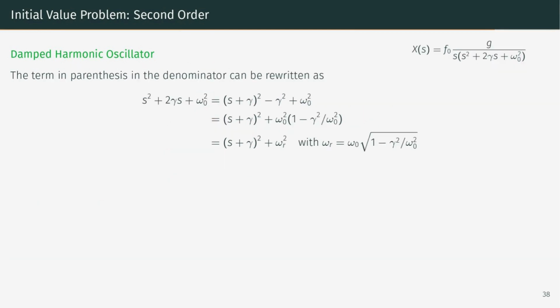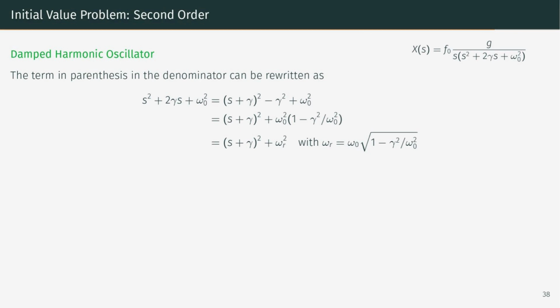We can see that the term in brackets in the denominator can be written as s squared plus 2 gamma s plus omega naught squared equals s plus gamma squared minus gamma squared plus omega naught squared. We can then rewrite this as s plus gamma squared plus omega naught squared times 1 minus gamma squared over omega naught squared.